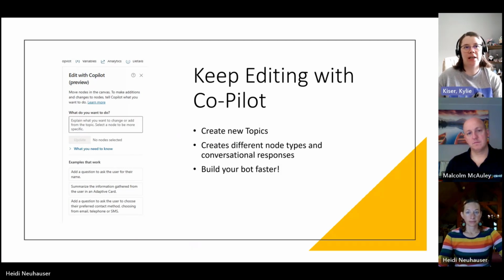But now you could just tell Copilot, I want a topic that will, like their example here, summarize information and then ask them next steps. You can describe that in Copilot and it could build that new topic, and you can keep using Copilot to help build each step of that bot.